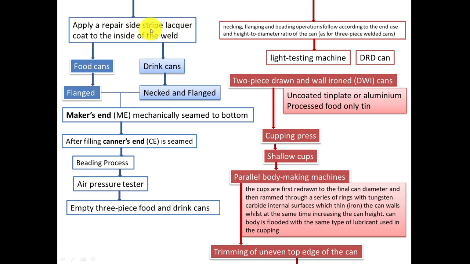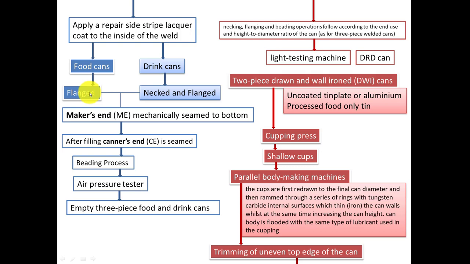After that, we have two options depending on what we wish to produce. If we wish to produce a food can, there will be a different method, and if we wish to produce a drink can, there will be a different method. So let's talk about the food can. If we are going to manufacture food cans, then we carry out flanging.